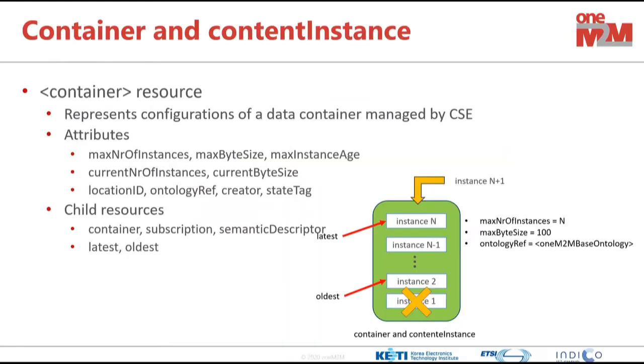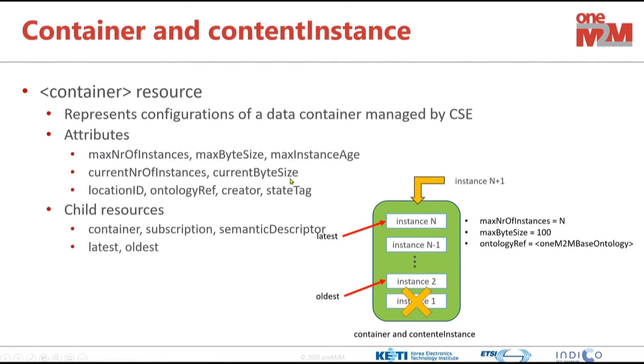Container and content instance. So I think I already explained what happens when the current number of instances hits the max number of instances from the previous slide deck. And it is also the case for the current byte size, and the max instance age, and so on and so on.